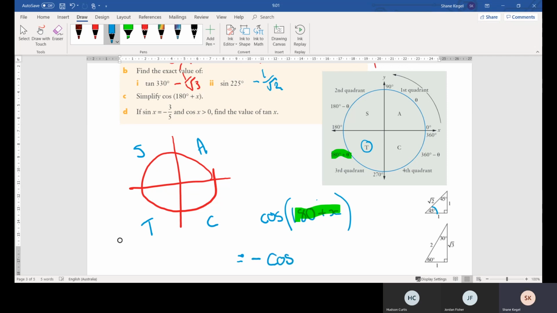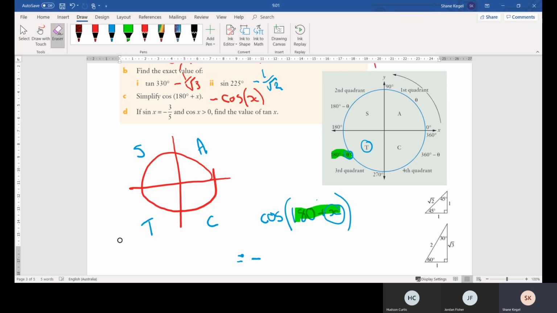And with my 180 plus x, I have to take whatever my x value is and plug that in here. So cos of 180 plus x would be the same as negative cos of x. Whatever my value of x is over 180, which is what we saw in that last question, the 45 degrees, I can plug my answer back into part C. So cos of 180 plus x is the same as negative cos of x.